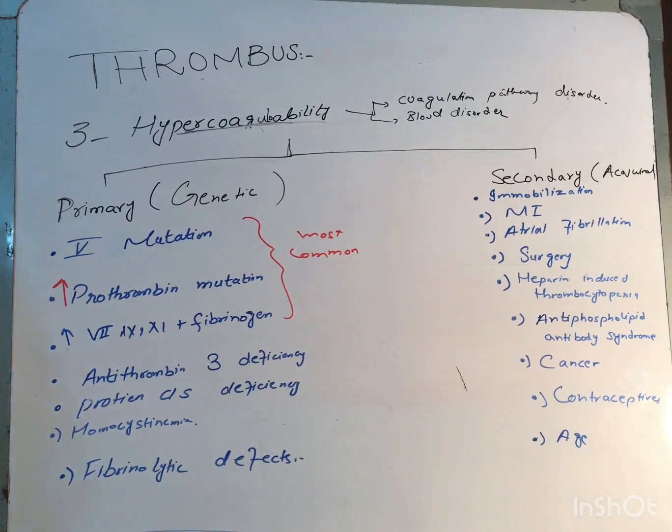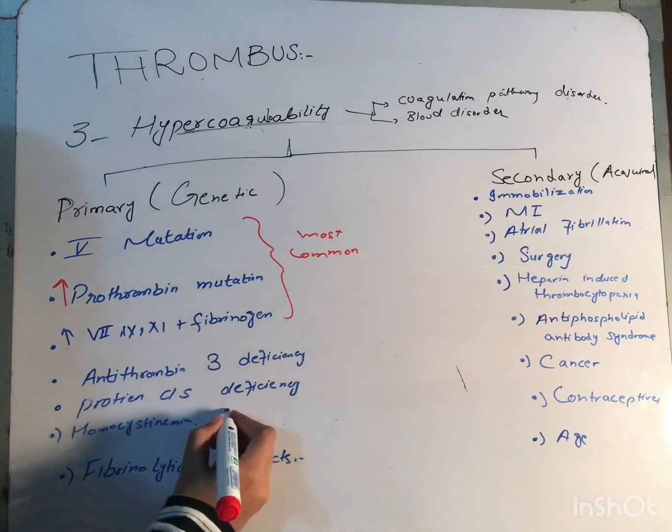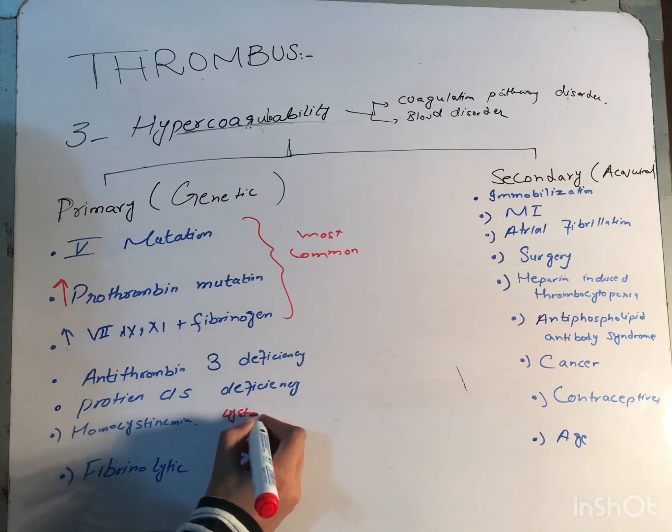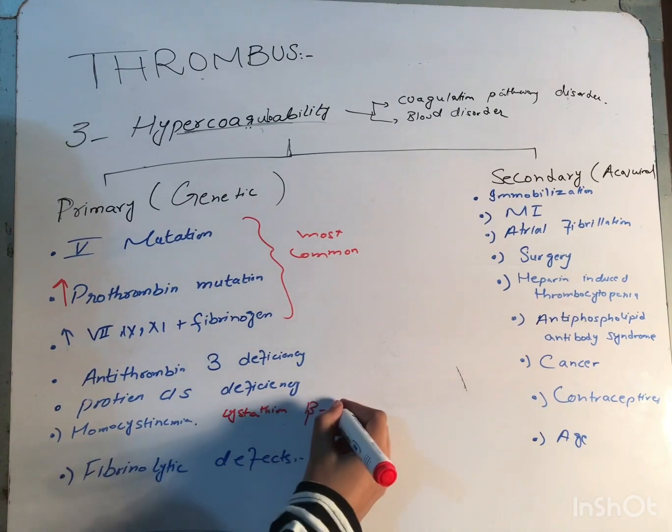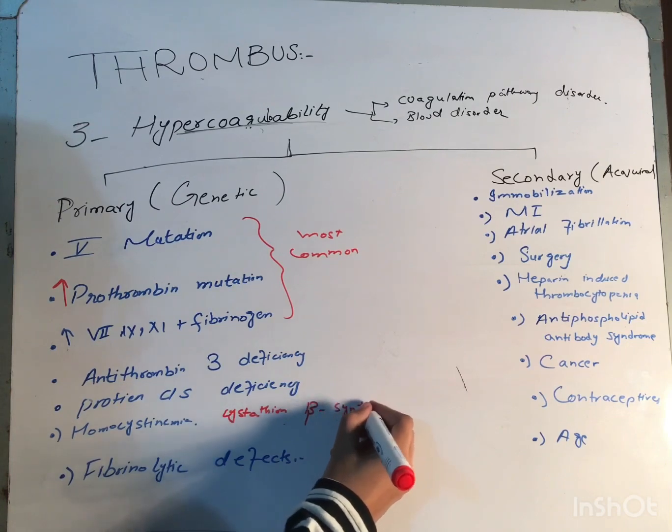Now another thing comes, that is homocystinemia. How will homocystinemia lead to the hypercoagulable state? Homocystinemia basically is an inherited deficiency of cystathionine beta synthase. In this there is no cystathionine beta synthase enzyme, or less cystathionine beta synthase enzyme.